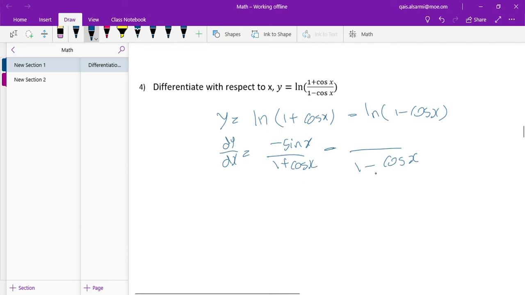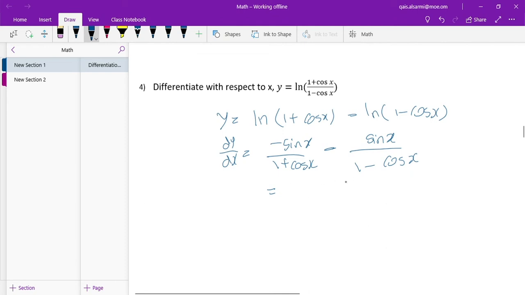Derivative of cosine is negative sine, and here don't forget this negative, it comes to be sine x. Equals, here we have two different denominators and no need to make any more steps. You may stop here, it's okay.